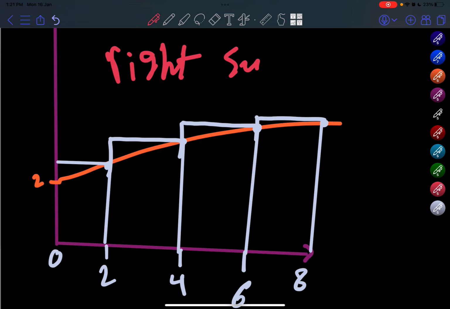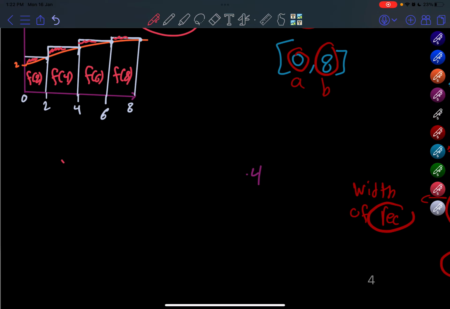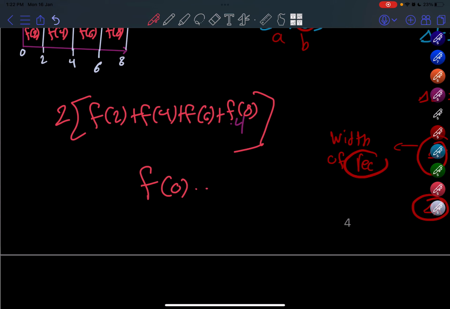Remember, we plug it in the original equation, and also we'll times it by 2, which is the width. So we'll get f of 2 plus f of 4 plus f of 6 plus f of 8. Now remember, the difference between the left sum and right sum in the equation is that in the left sum, we started from f of 0 and then got to f of 6.